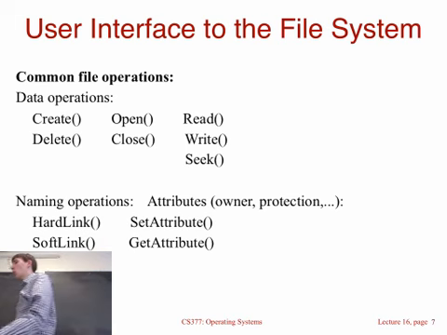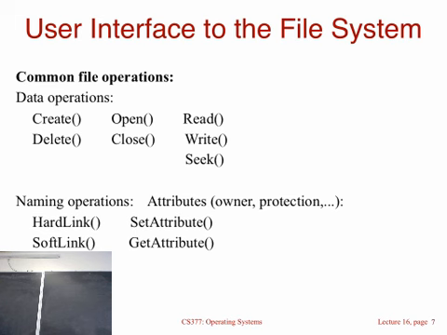Oftentimes the way we do file I/O is, if you imagine your file's data is just a bunch of bytes, you have a file pointer that's pointing somewhere in the file. Let's say the file pointer is pointing here. When you say read, you're saying read forward from this file pointer.